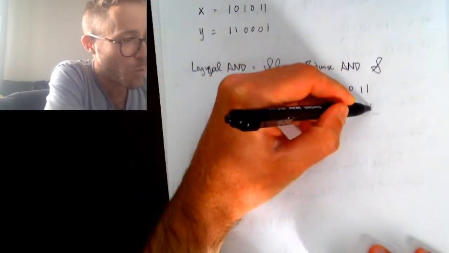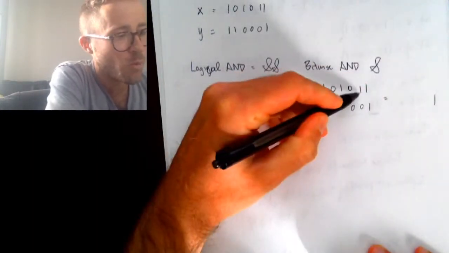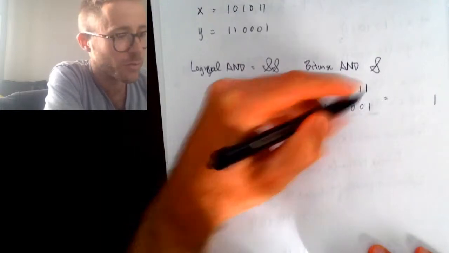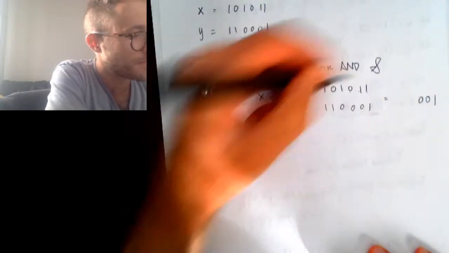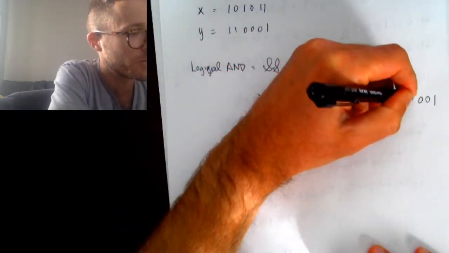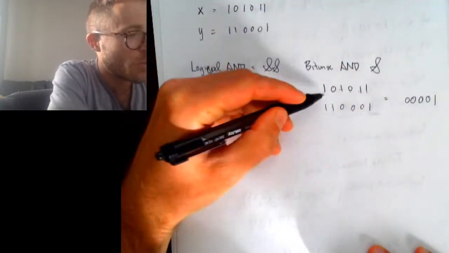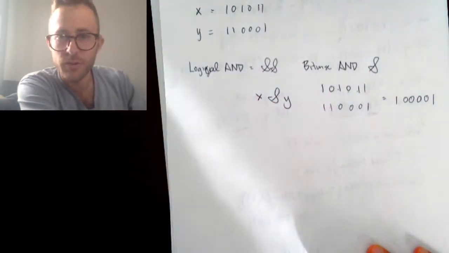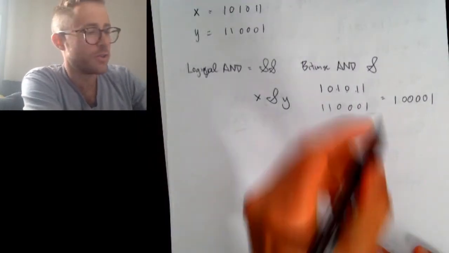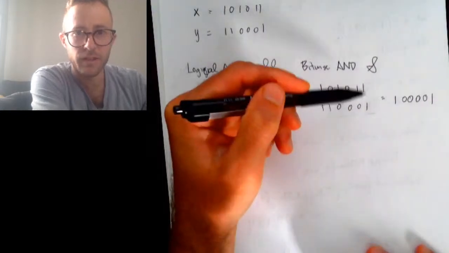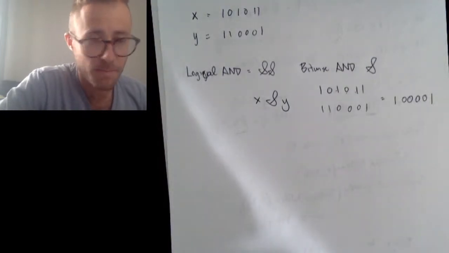Okay, so 1 and 1 is equal to 1. 1 and 0 is equal to 0. 0 and 0 is equal to 0. 1 and 0 is equal to 0. 0 and 1 is equal to 0. And 1 and 1 is equal to 1. So that is going to be the result. Okay? So you're taking each bit in x and each bit in y and you're ANDing them individually. Okay?